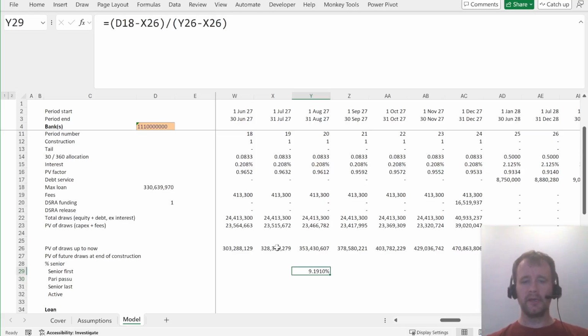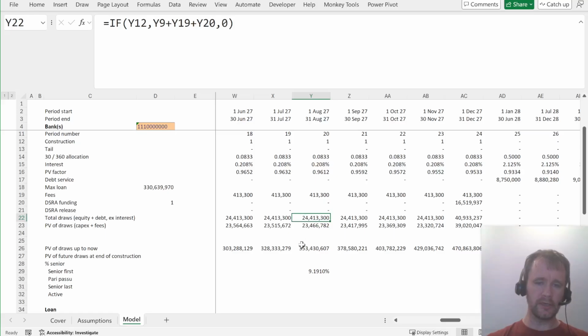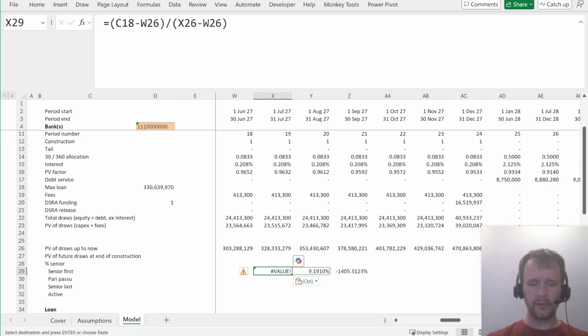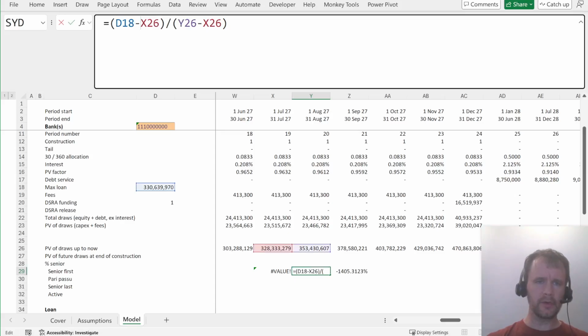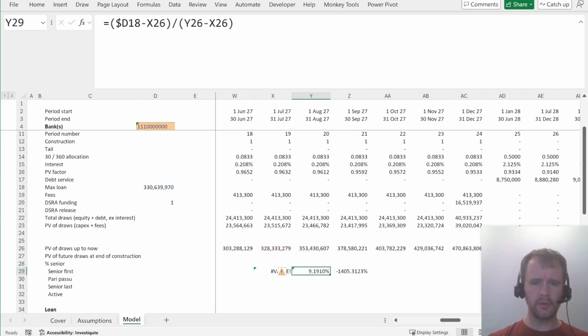So that would say in this period, you can afford to draw 9% of these total draws and still, plus everything that has come before, you'll get to this 330 million. And then if I copy that to either side, sorry, I gotta lock this, otherwise it will not behave.